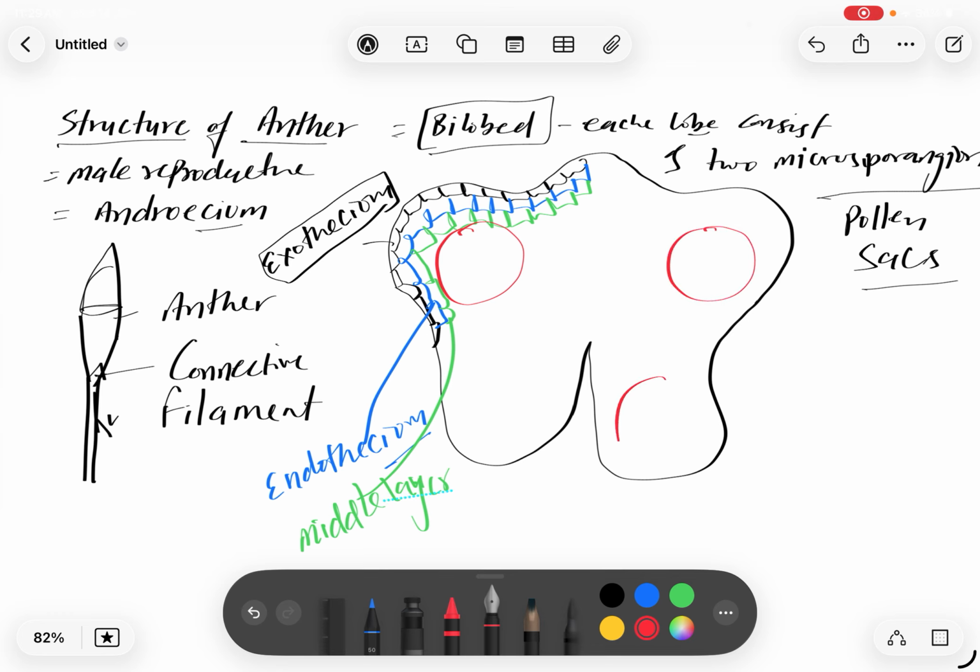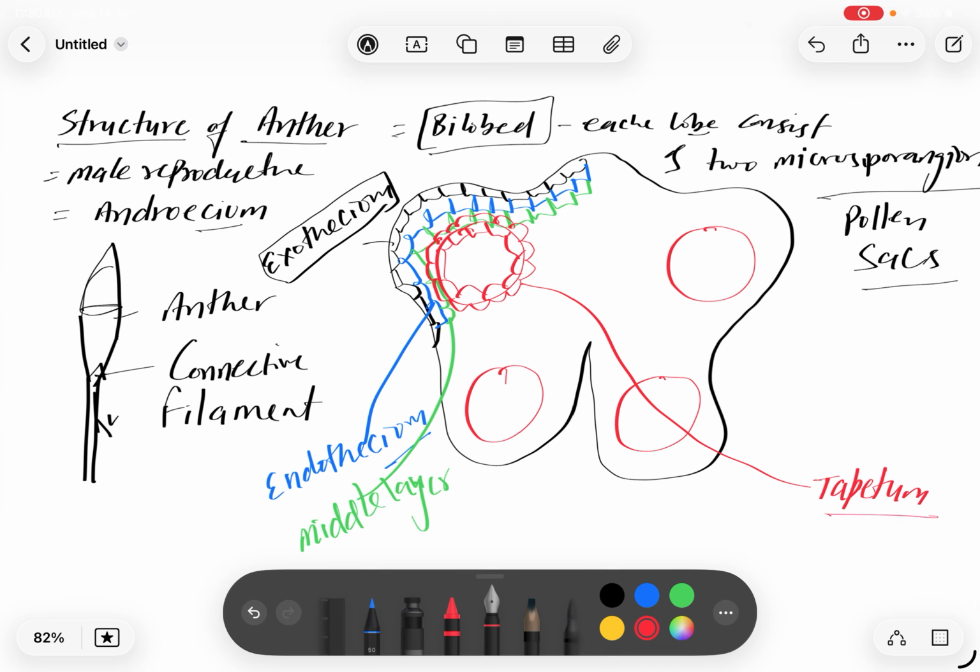Inside this middle layer, another layer of multiple layers of tissue is present. This layer has different types of cells which look amoeboidal and cover the sporogenous tissues. This layer of tissue, whose cells have more than one nucleus, is known as tapetum. Its main function is to nourish the pollen grains.